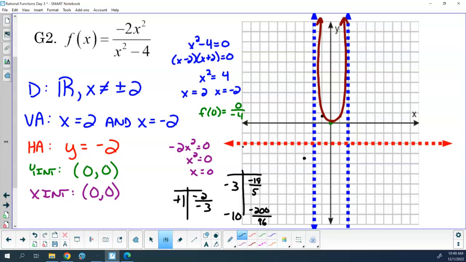That's going to be close to -2, but not quite, a little bit smaller.